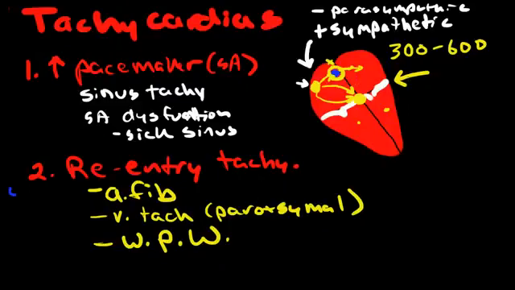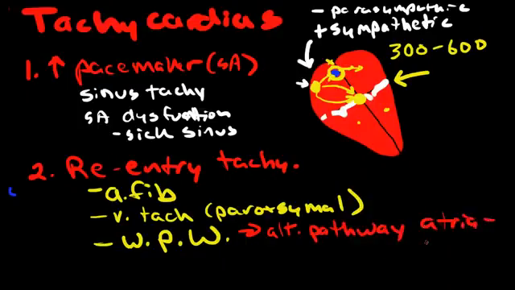But what happens with people with Wolff-Parkinson-White syndrome is there is a deformity in the annular ring of the valve, or a deformity of the muscle that sort of grows over the valve, and you end up with an alternate pathway. So Wolff-Parkinson-White is due to an alternate pathway between the atria and ventricles.